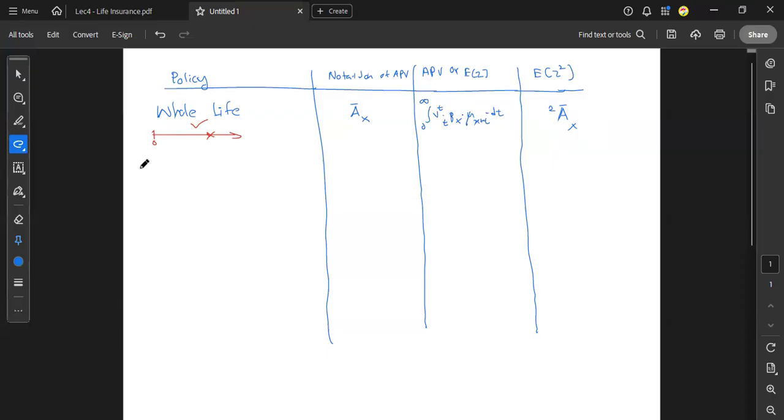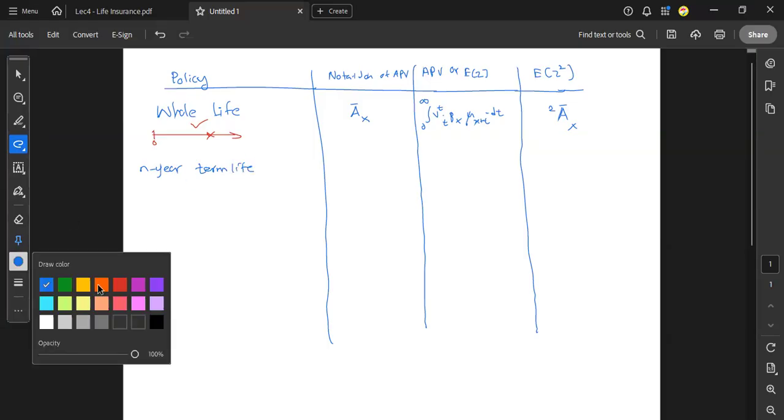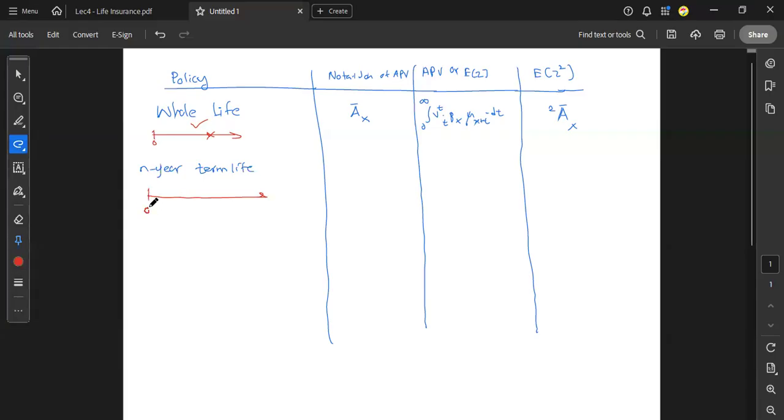And for the n-year term life case, from 0 to n, pay, but after that, we don't pay the benefit.